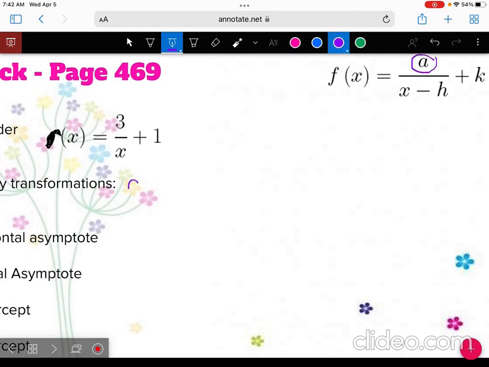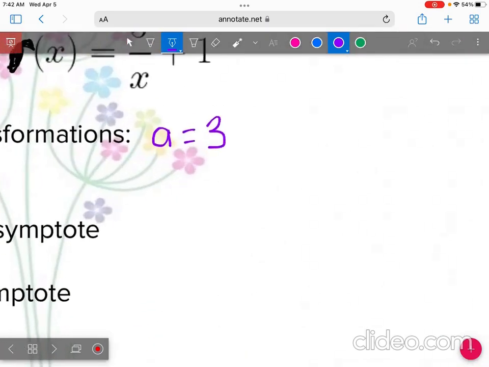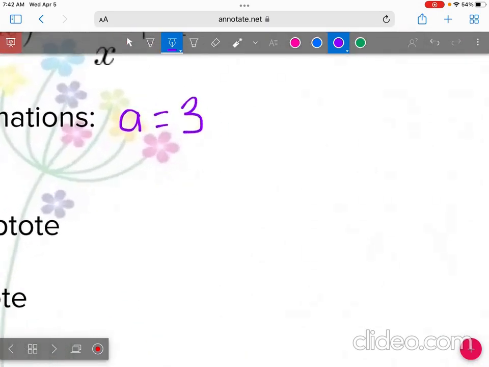What's my a value? 3. Which means it has what? Stretch or compress? Is it big kid doing big kid yoga? Or is it so cute I want to squish it? Is it stretched? If it's bigger than 1, it's stretched.